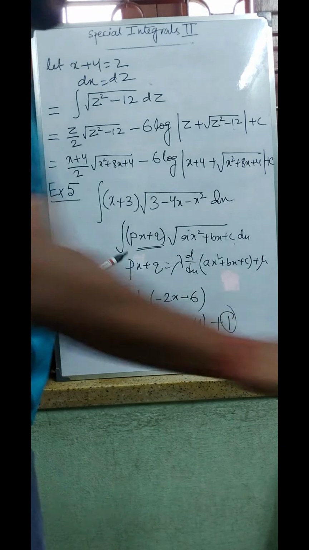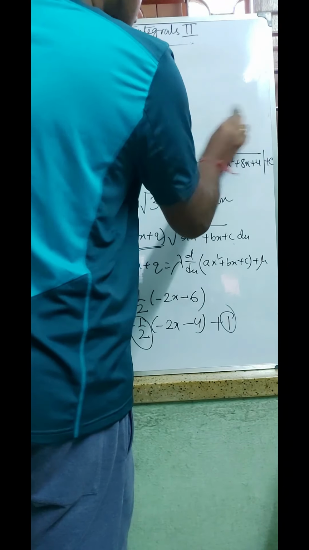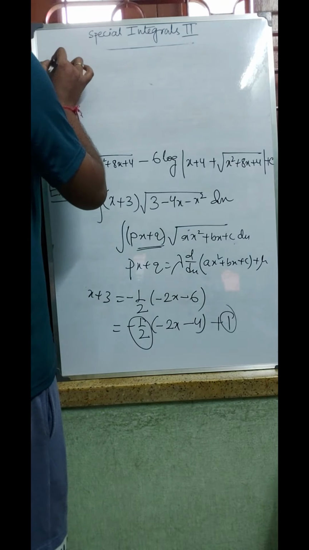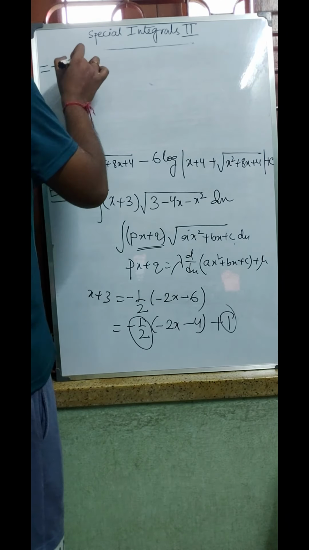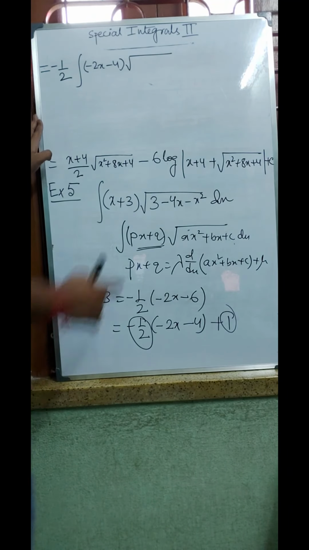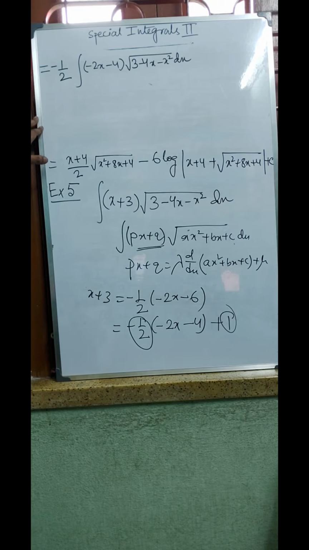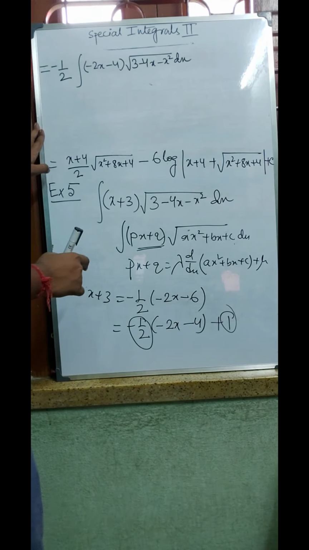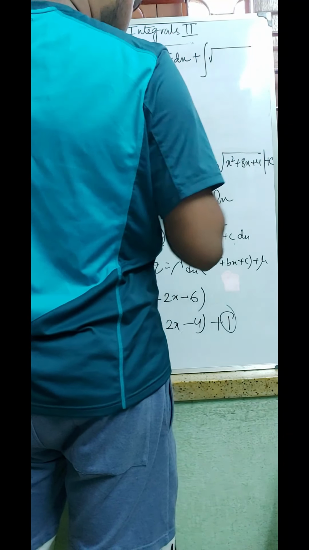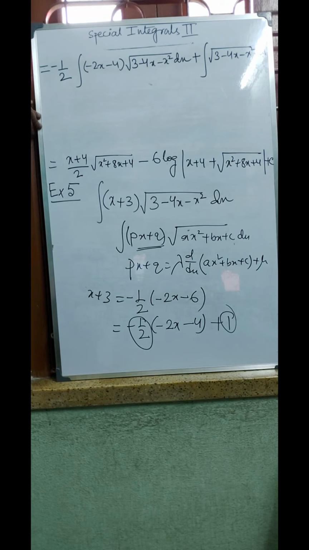Now let us reframe the whole thing. So therefore I can write this as minus half outside, minus 2x minus 4 into root over 3 minus 4x minus x square dx, then plus 1 into integration of root 3 minus 4x minus x square dx.